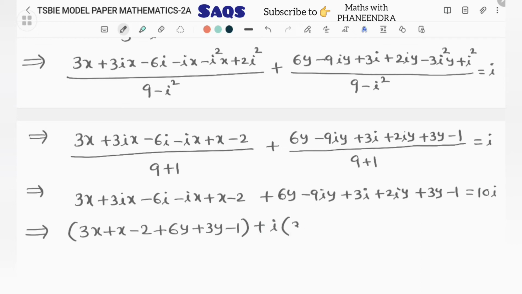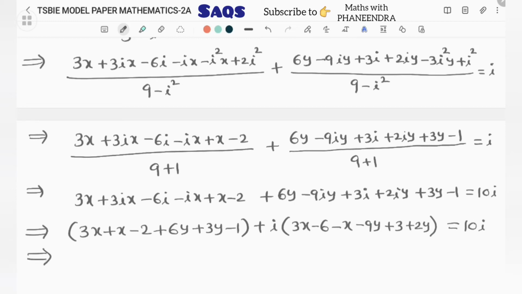So 3x minus 6 minus x, minus 9y plus 3 plus 2y, which is equal to 10i.